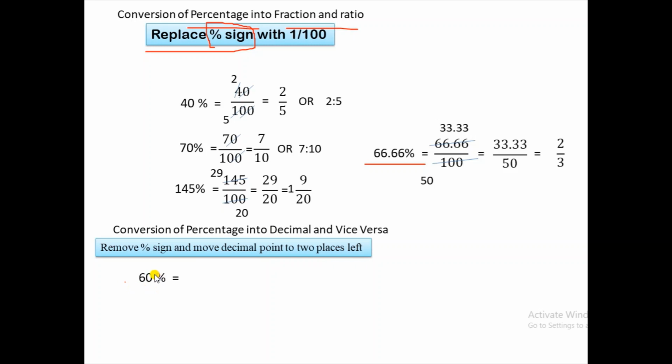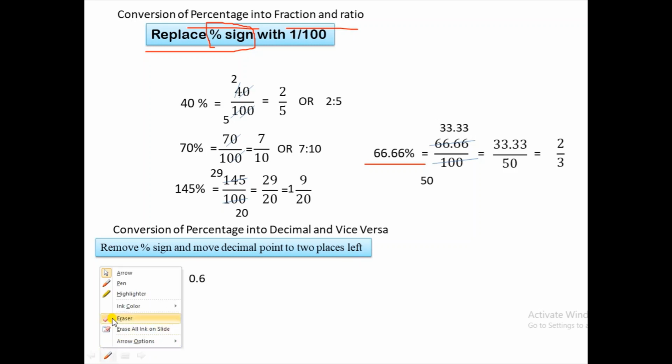So 60% can be converted into decimal format by simply moving two places left. So it is going to be 0.6. What we are doing here is just dividing 60 by 100, and we will get it easily. Instead of doing that calculation, simply move the decimal two places left.